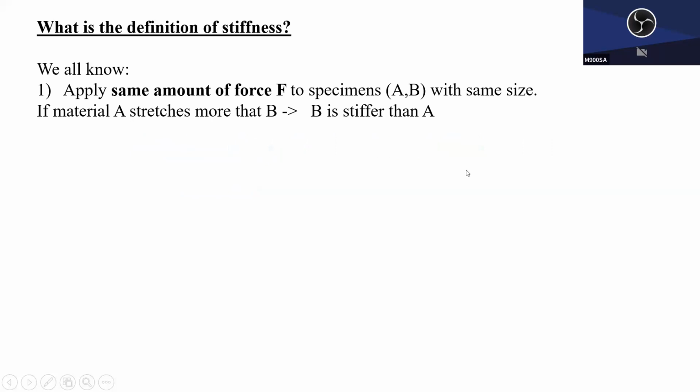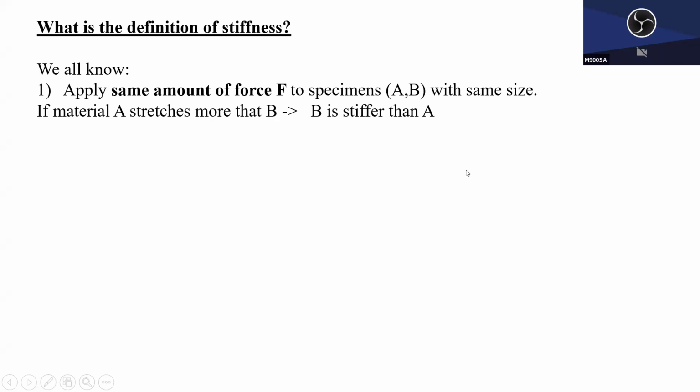If you apply the same amount of force to samples A and B, same size, and A stretches more than B, that means B stretches less, then B is stiffer than A, right?